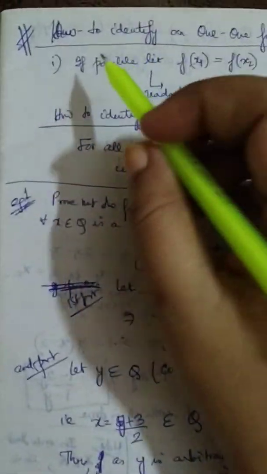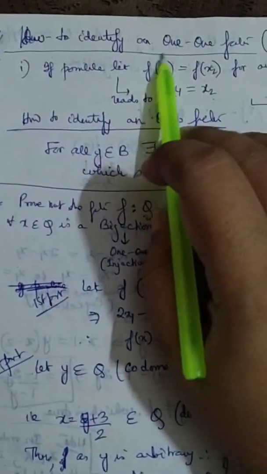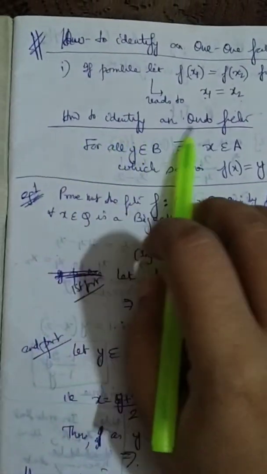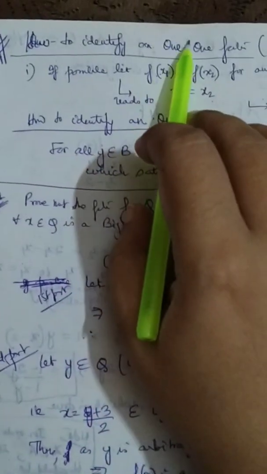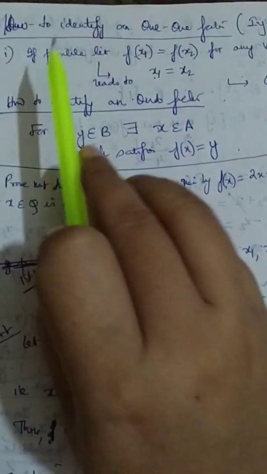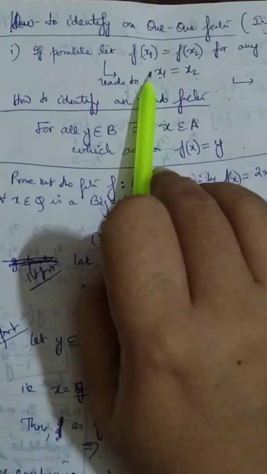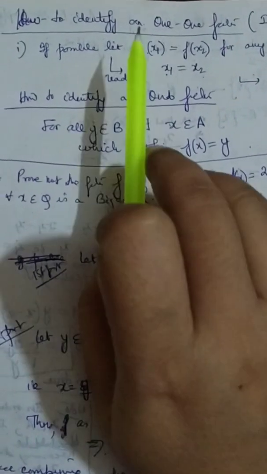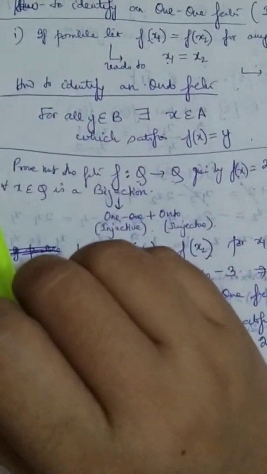So the main thing is we will learn how to identify a 1-1 function and how to identify an onto function. 1-1 function means what? For every x you will get a single value of y and vice versa, that is, for every y you will get a single value of x.